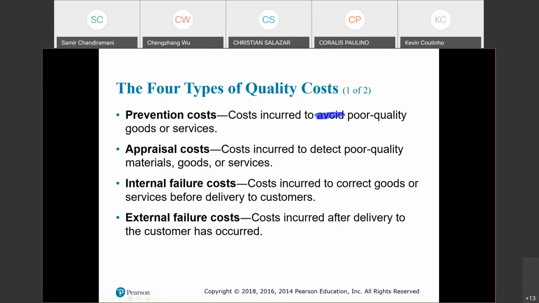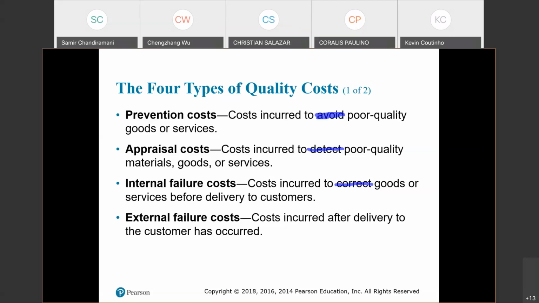The second cost, appraisal costs, are the costs incurred to detect poor quality materials, goods, or services. The third type is internal failure costs, which means the costs incurred to correct goods or services before delivery to customers.